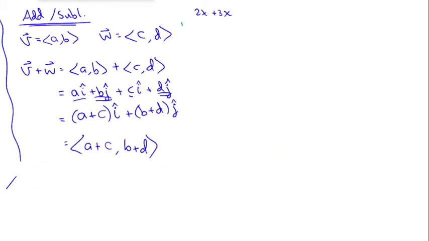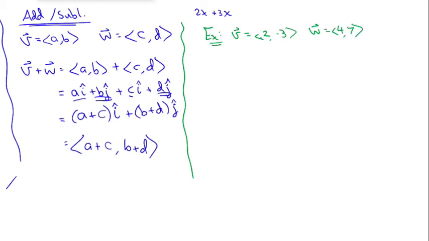Okay, so let's put it into an example. V equals 2, -3. W equals 4, 7. What is -1/3 of V?